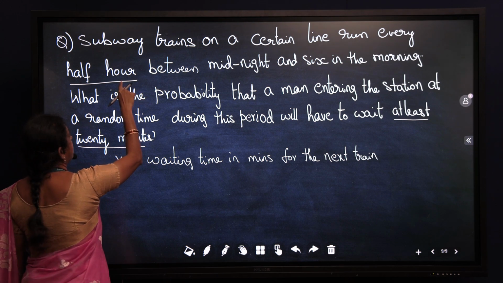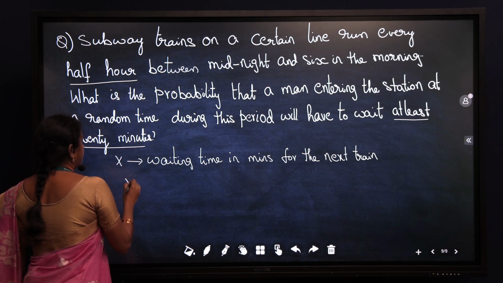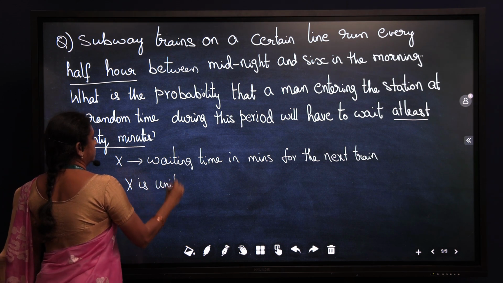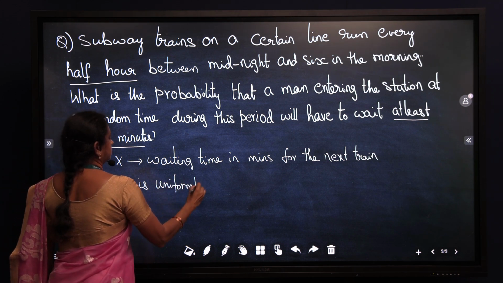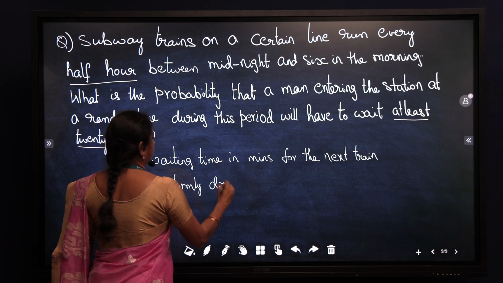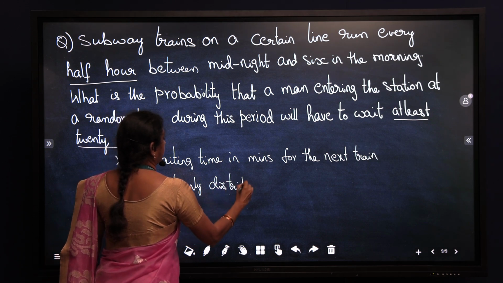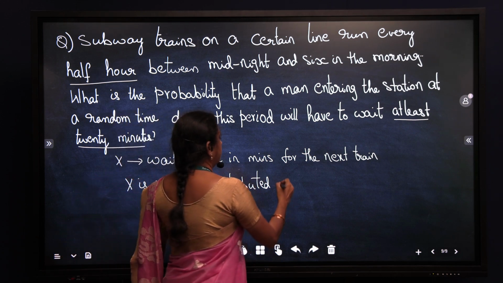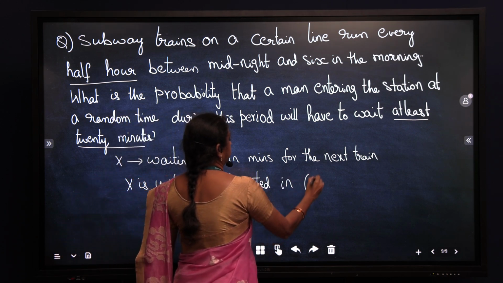It's given that every half an hour there is a train, so x is uniformly distributed in the interval 0, 30.